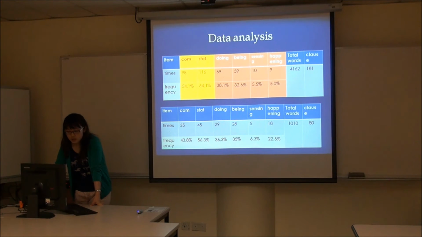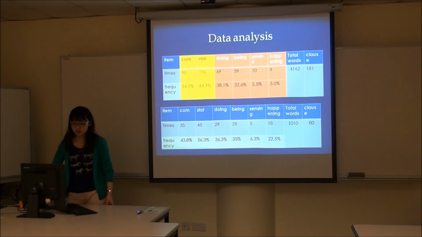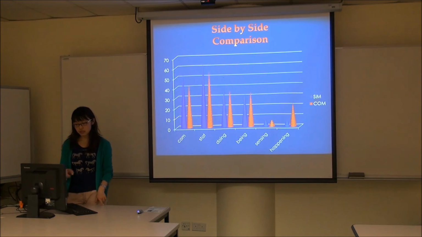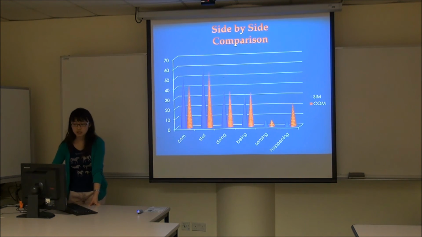And for the type of figure, doing and being appear the most frequently in the text. And here, this chart is more apparent.